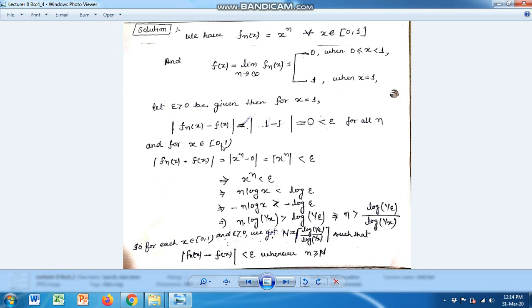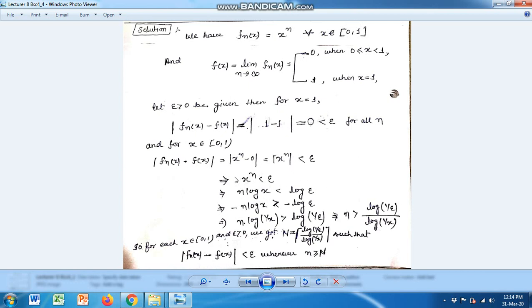For x belonging to the open interval (0, 1), mod of f_n(x) minus f(x) is equal to mod of x to the power n minus 0, and we want x to the power n to be less than epsilon, because x lies in (0, 1) and in this interval x is positive. So we can remove the mod function here.